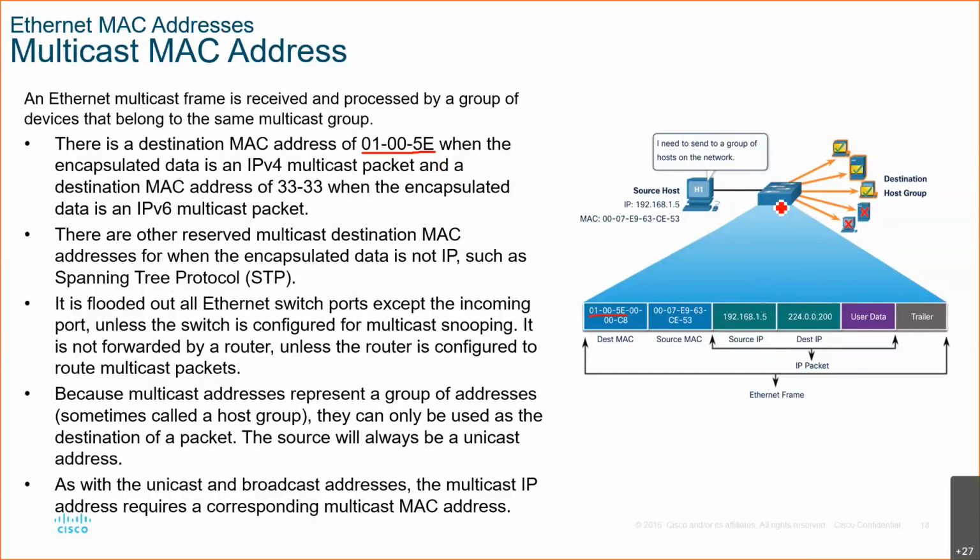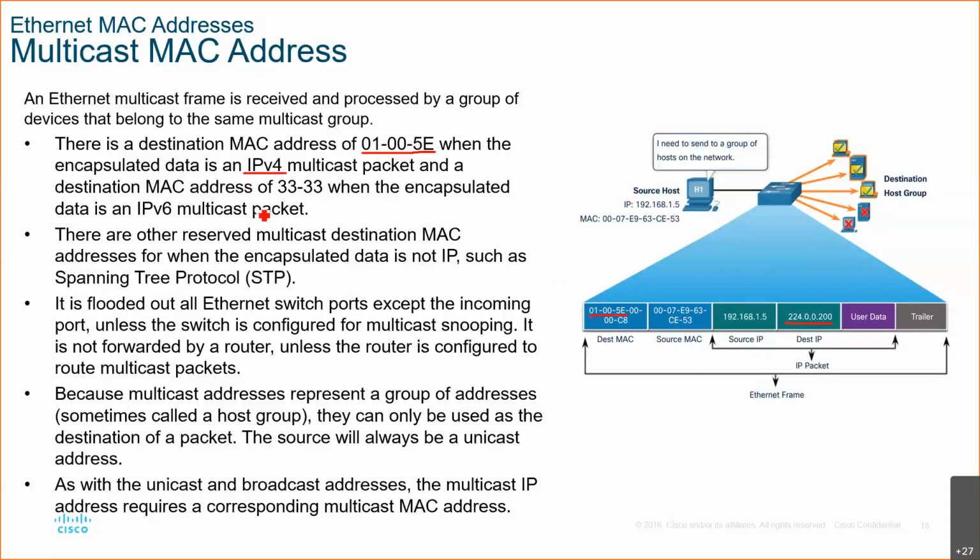Here you see, in IPv4 multicast, the group of devices will have a specific IP address. When it is 01005E, then you know that it is an IPv4 multicast address.